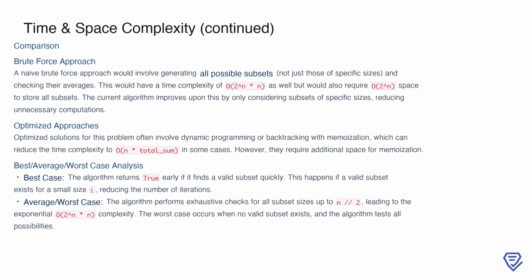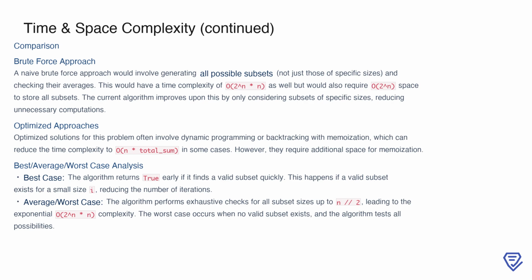In contrast, the current algorithm avoids this massive memory usage by generating subsets dynamically using itertools.combinations. Optimized approaches, such as those involving dynamic programming or backtracking with memoization, can reduce the time complexity significantly, sometimes to as low as n * total_sum. However, these methods often require additional space for memoization tables, which is a trade-off to consider.